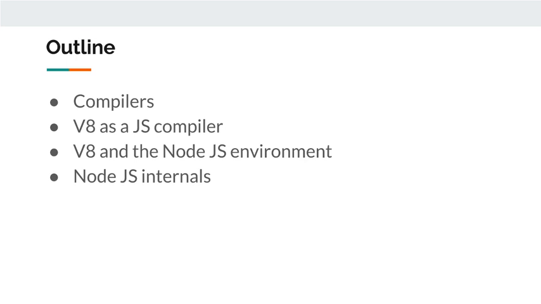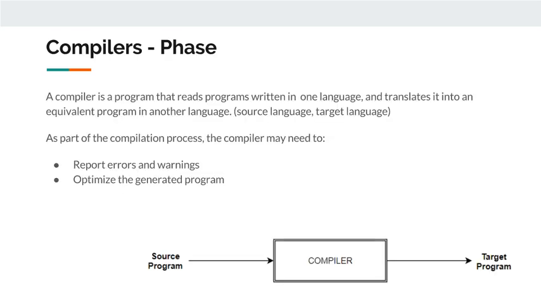Today we're going to be talking first about compilers, V8 as a JavaScript compiler, and then we will look into V8 and the Node.js environment, which is the JavaScript engine V8 in the context of Node.js, and then finally we're going to close with Node.js internals. I've managed to have a couple of demos and source code within it, so hopefully we can have time to go over everything.